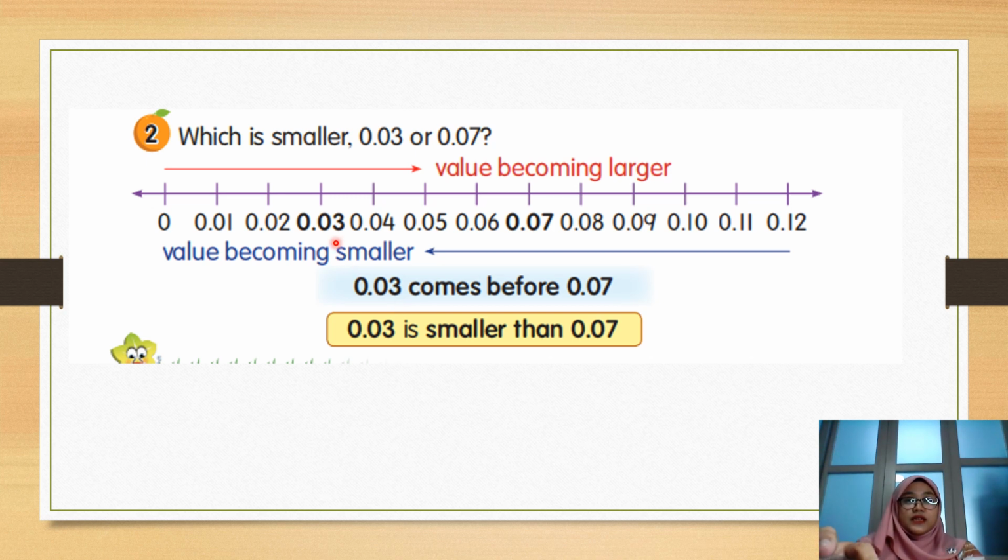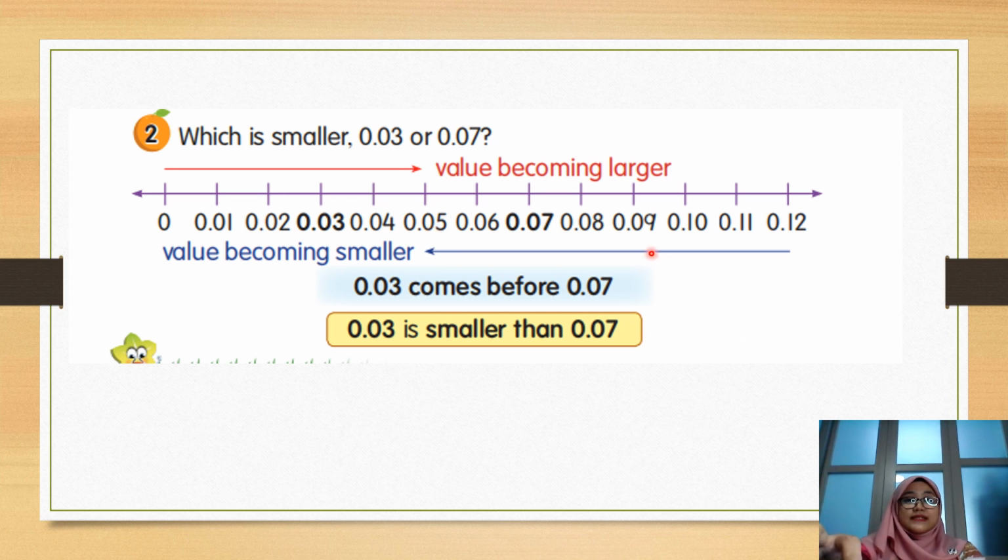So 0.03 comes before 0.07. It means 0.03 is smaller than 0.07. How about 0.9 and 0.5?